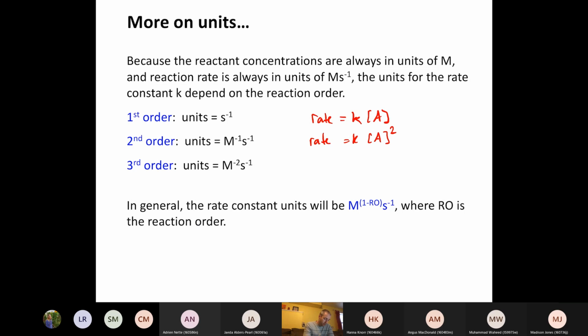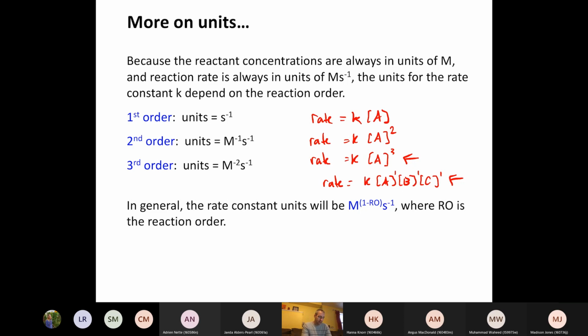A third order, you could imagine it could be A cubed, or you could imagine something like A, B, and maybe even C. 3 things collide with each other. So whatever those exponents are, if you add them up, whatever the number is, that's the order. They don't have to be all different. They could be the same as you see in this example, or they can be all different like you can see in this example.